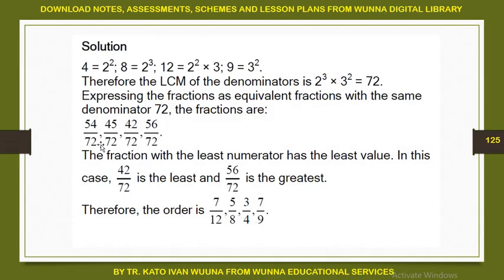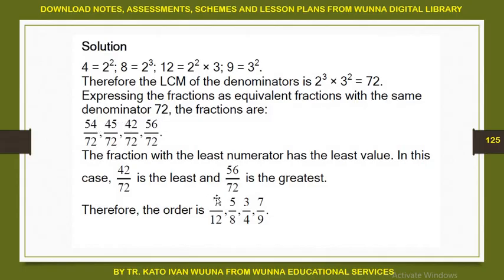So after expressing all the denominators as 72, we are going to multiply that 72 by our original fractions, and since we have the same denominator, the value will be determined by the numerators, the new numerators we shall be getting.